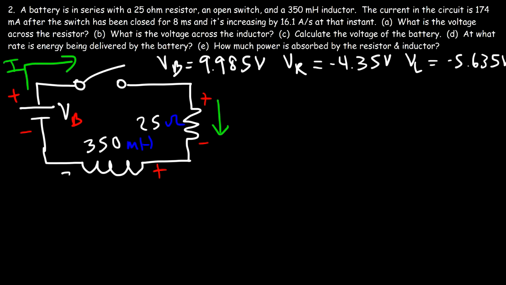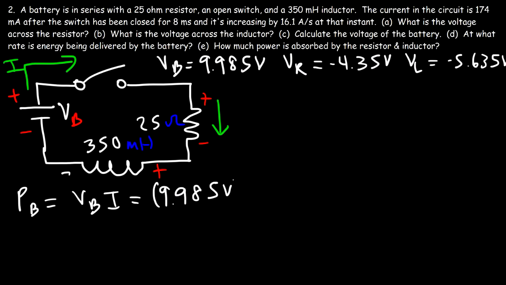Part D. At what rate is energy being delivered by the battery? So basically, we need to calculate the power delivered by the battery to the circuit. We could use the voltage of the battery times the current. So the voltage is 9.985, and at this instant, when t is 8 milliseconds, the current is 0.174 amps, or 174 milliamps.